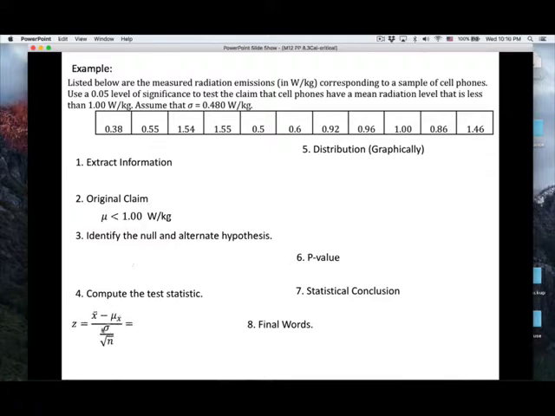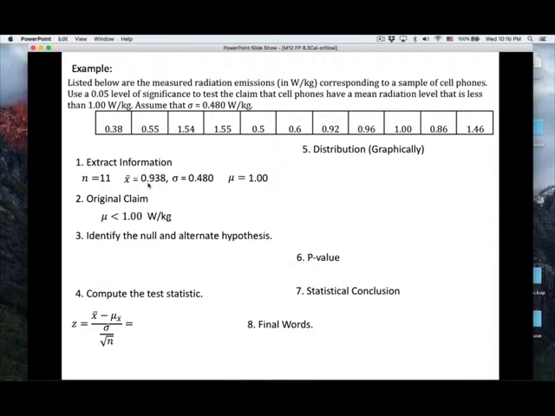And then find out the formula for the test statistic. Then figure out these 4 guys. Okay, n means the sample size, right? So we could count 1, 2, 3, 4, 5, 6, 7, 8, 9, 10, 11. So we have 11 data values here. The mean, you should know how to do it, right?